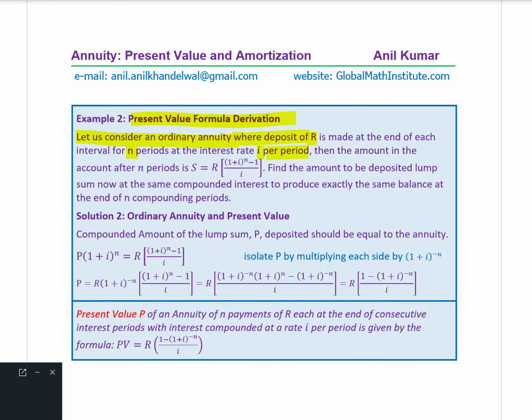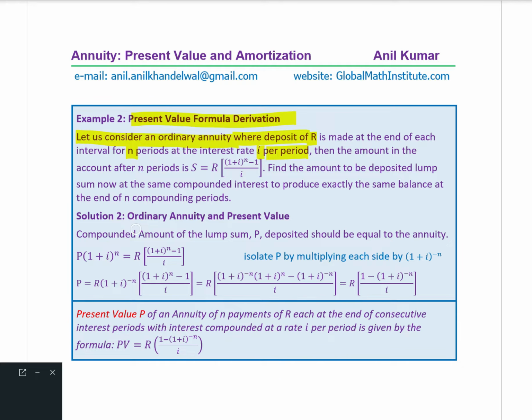Which is R times (1 plus I to the power of n minus 1) over I. Correct? Find the amount to be deposited as a lump sum now at the same compounded interest to produce exactly the same balance at the end of n compounding periods, right? That's the question for you. So we want to find the present value.